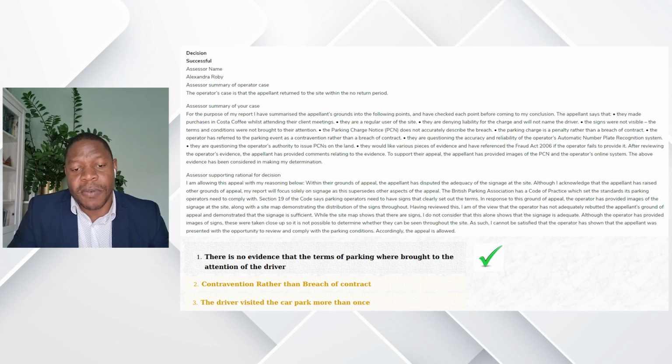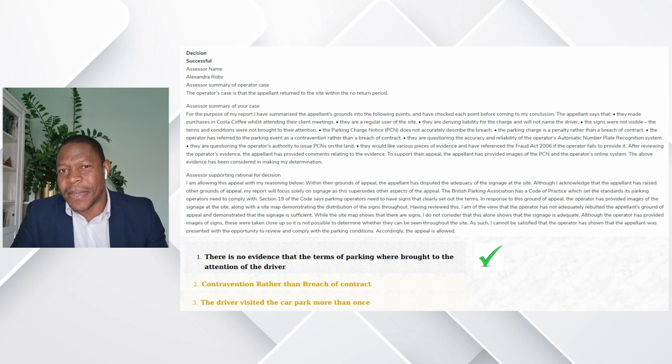This simply refers to Section 19 of the British Parking Association Code of Practice, which essentially says if the parking company wants to issue parking tickets, they have to make sure the signs are clearly displayed and visible everywhere. In this case, the adjudicator found that the signs were not clearly displayed, so they couldn't determine how they were brought to the attention of the driver.